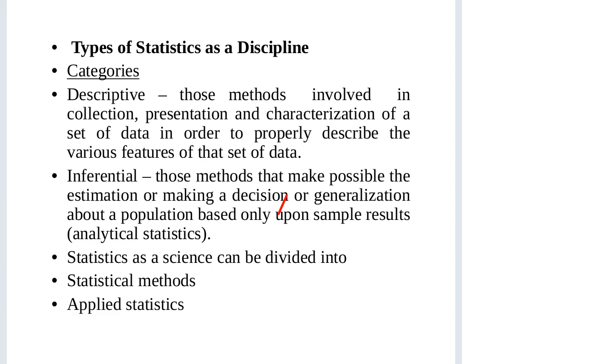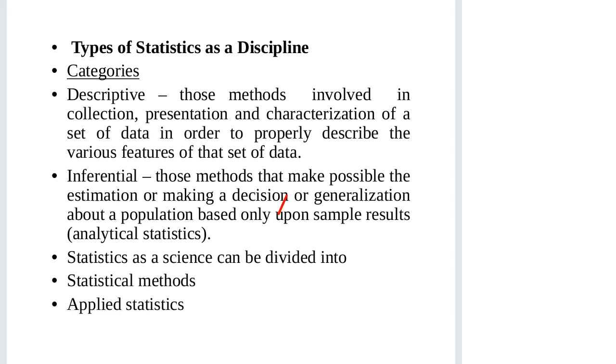So descriptive statistics simply deals with the methods that we normally use to collect data, methods that we use to present the data in order for us to be able to describe in detail that set of data. And that is what we refer to as descriptive statistics.